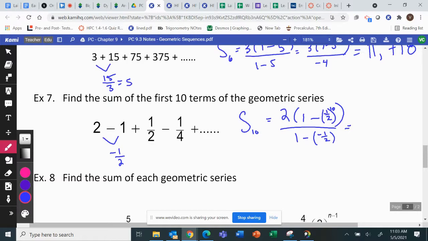Wait, did I do something wrong this time? I got 128 on the bottom. I got the top one. You kind of squared on the bottom. Oh, it's just supposed to be. Thank you.